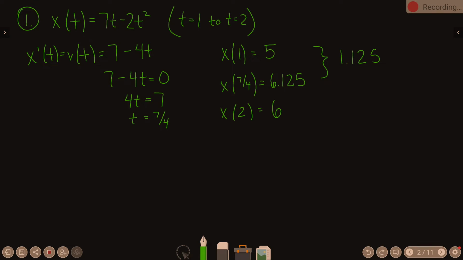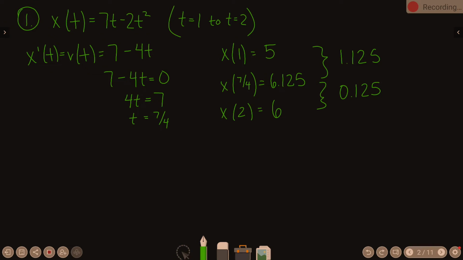Then from time 1 3/4 to time 2, how far did my particle travel? 0.125, right? And technically, that's a negative direction, but it's still that distance. Whether you're driving your car forwards or in reverse, it's still a distance.